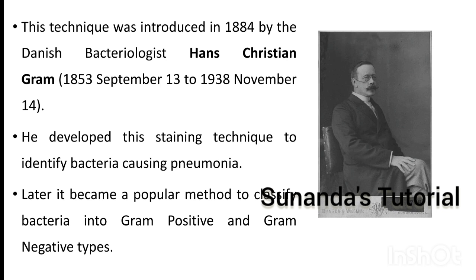He discovered this technique in 1884. He developed this technique to identify bacteria causing the disease pneumonia. Later it became a popular method to classify bacteria into gram positive and gram negative groups or types.